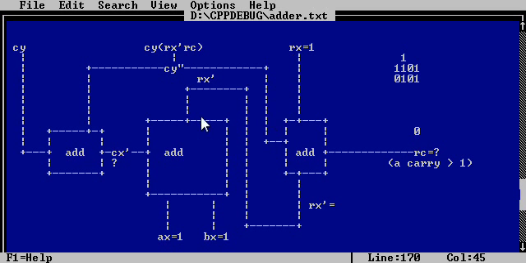The output is 0, so this Rx prime is 0, but there's a carry. So there's a 1 going into this adder here. There's nothing coming out here. There's nothing coming out here.